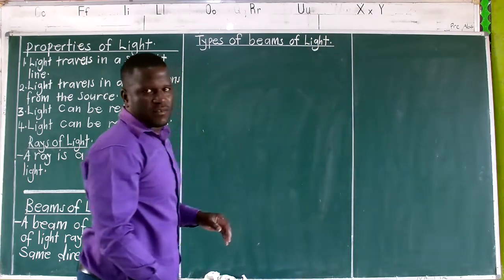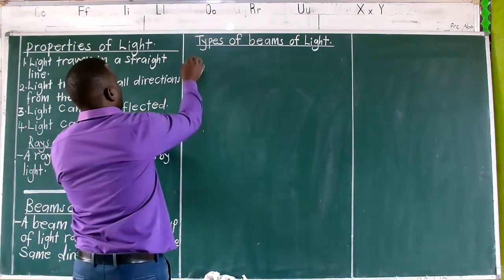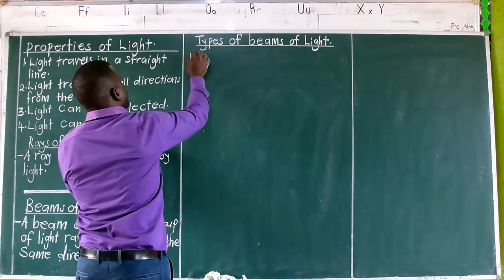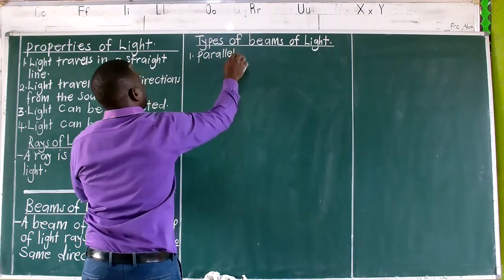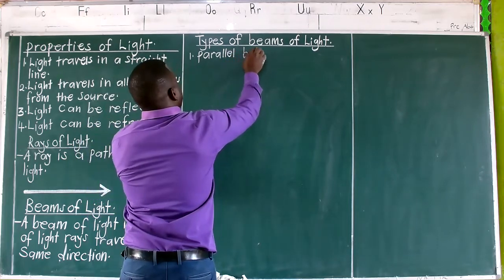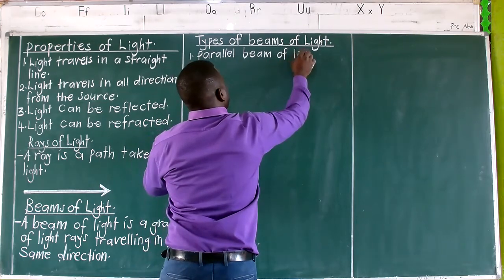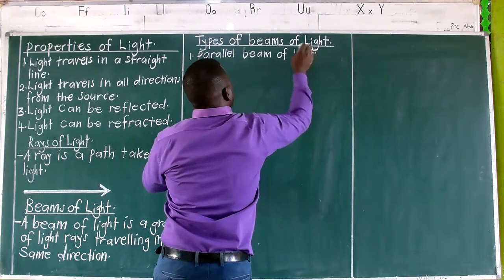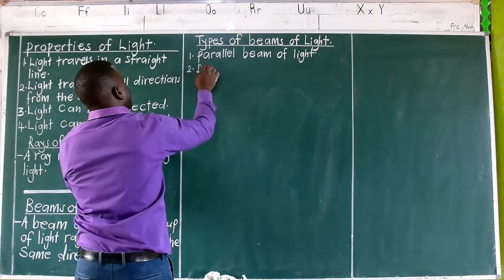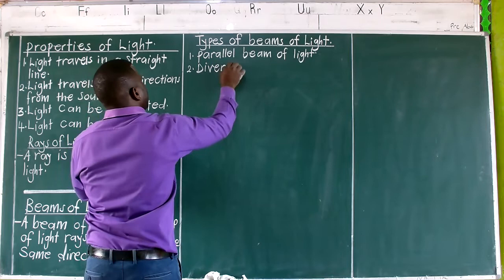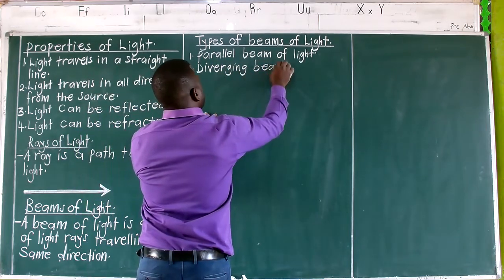Types of beams of light. So we have what we call parallel beam of light. Number two, we have diverging beam of light.